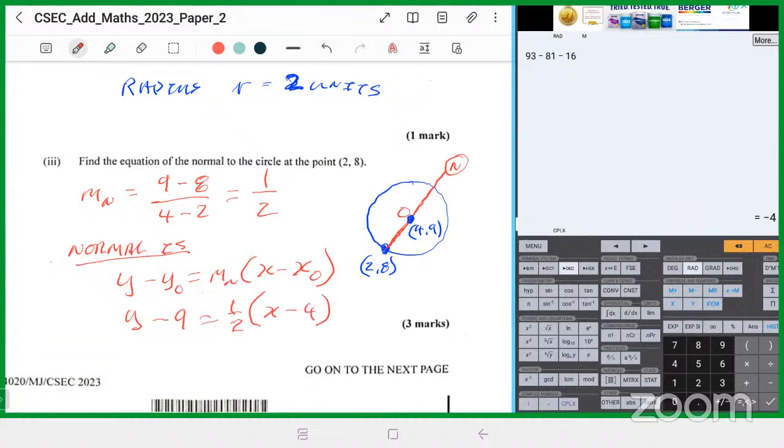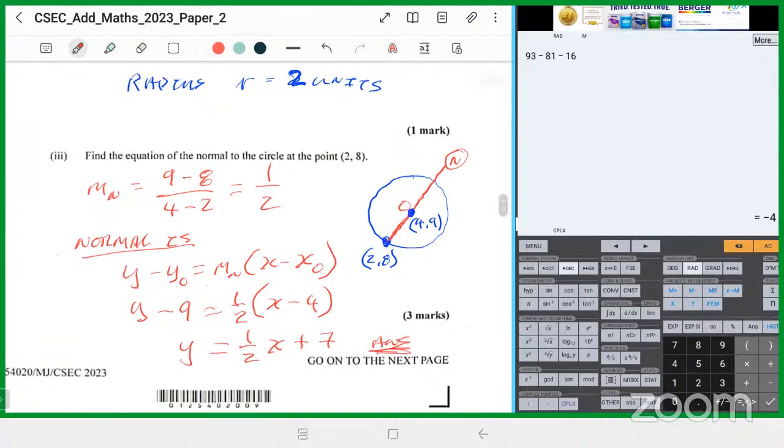So this becomes y equals half x. Half of this negative 4 is a negative 2. This negative 9 goes over and becomes a positive 9. 9 minus 2 is 7. So I'm getting a plus 7. So this is my answer right here.